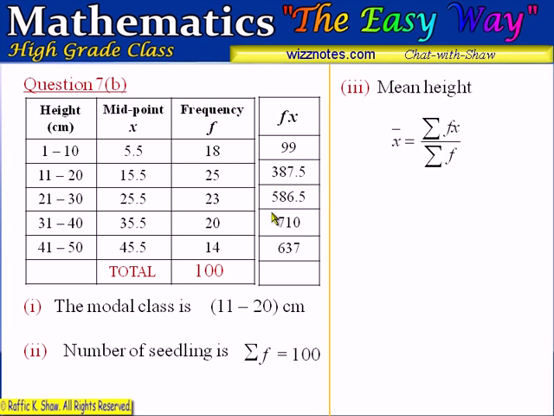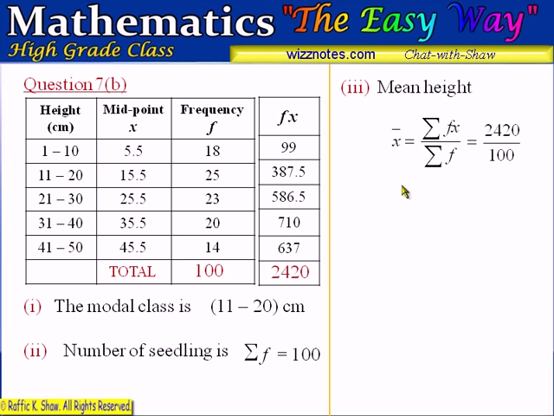Then we take the total, the sum of f multiplied by x. This represents the sum of the heights of all 100 seedlings. The sum of the heights of all 100 seedlings divided by 100 will give us the mean height of the seedlings.